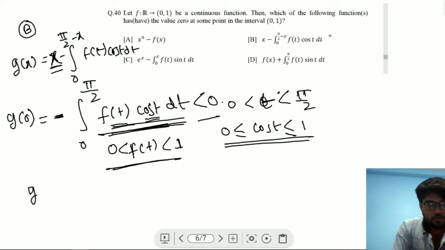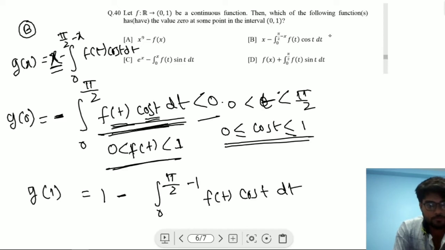Again we'll consider the value g(1). So this will be 1 minus the integral from 0 to pi by 2 minus 1 of f(t) cos t dt.